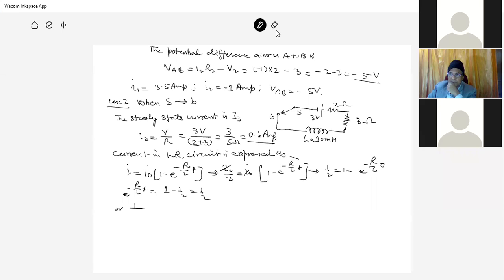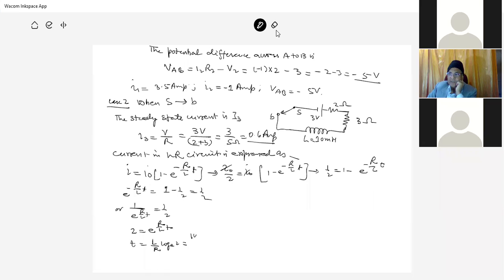Or e raised to the power R by L into T is equal to 2. So T is equal to L by R log base e 2.